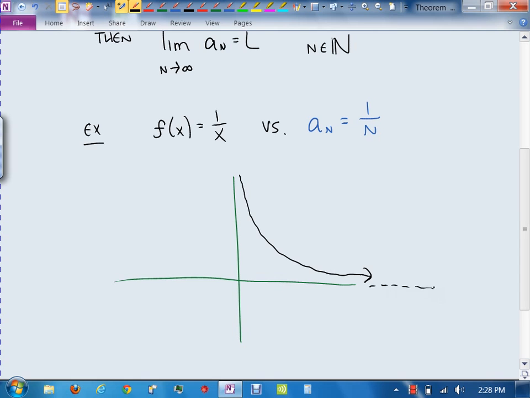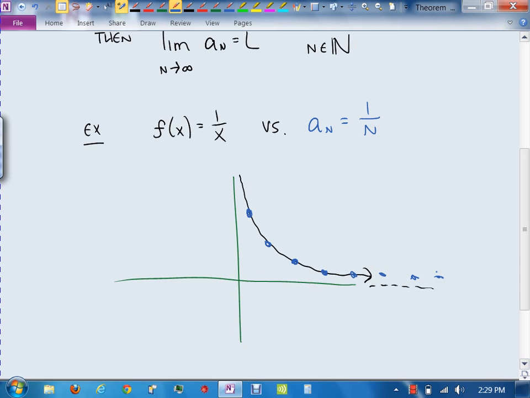And as I head out to infinity, the function drops to 0, doesn't it? And the a sub n is just picking up points along that function, so it's got to go to the same place also. That seems pretty intuitive, right? If your function's headed there, then so does the sequence. So that means that wherever L'Hopital's rule tells us it goes is where the sequence goes to.